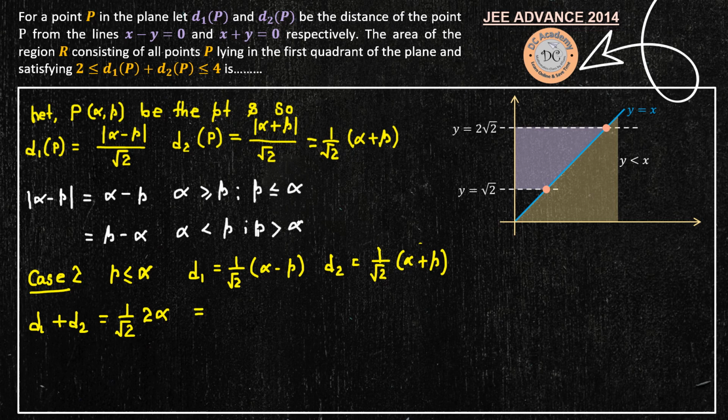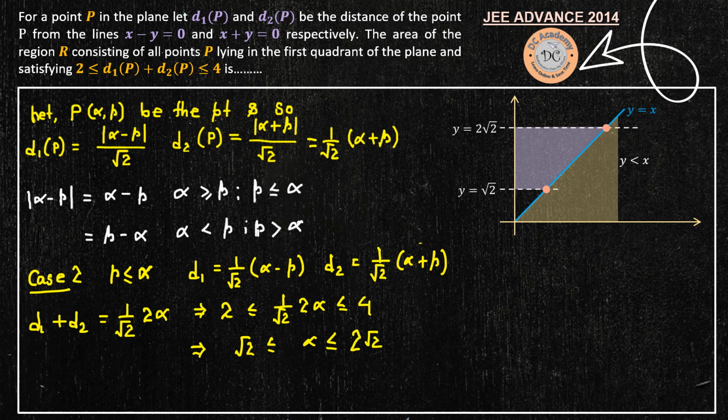So it implies the inequality 2 less than or equal to 1 by root 2 into 2 alpha less than or equal to 4. If I multiply and cancel out, we get 2 root 2 less than or equal to 2 alpha less than or equal to 4 root 2. Dividing by 2 from both sides, alpha lies between root 2 and 2 root 2.